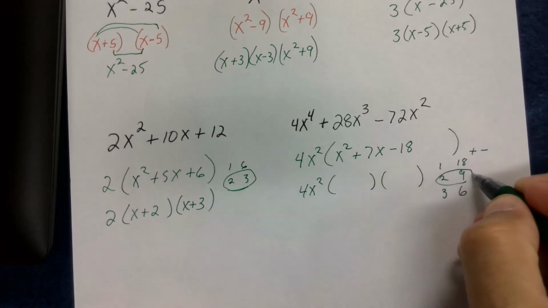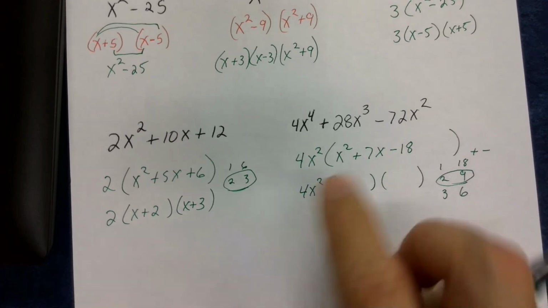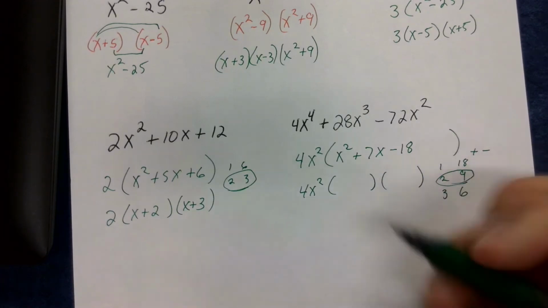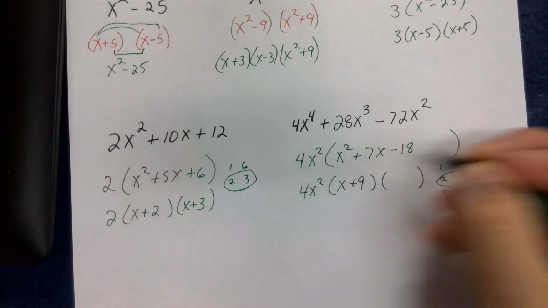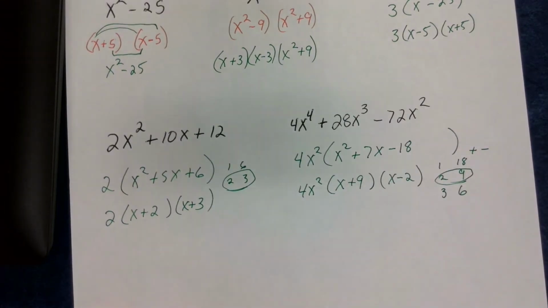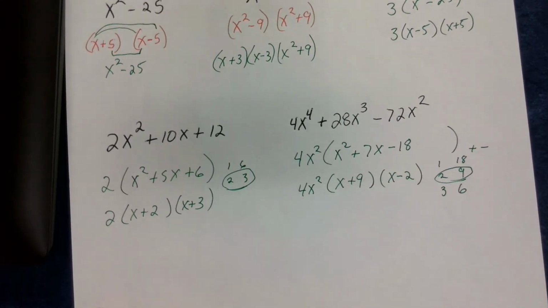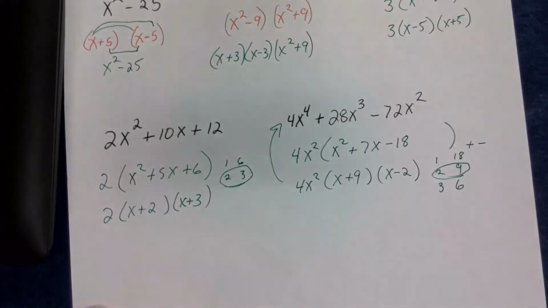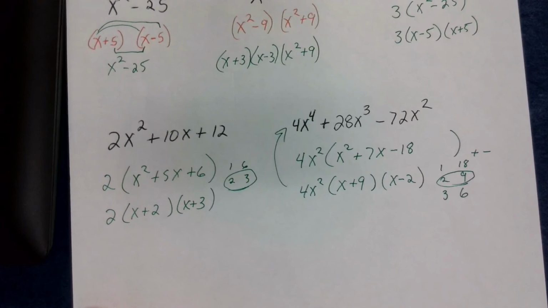Well, 2 and 9 give me a difference of 7. And I know I need this 7 to be positive, so that means the 9 has to be the positive one. So I get x plus 9 and x minus 2. Again, if I multiplied all this stuff back together again, it would obviously equal what I started with. So that is a complete factorization of that.